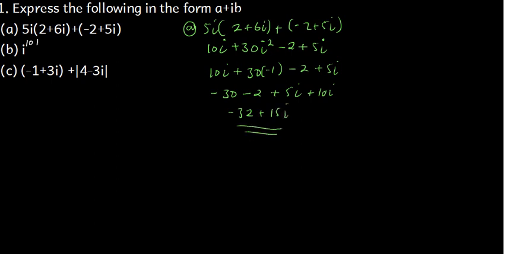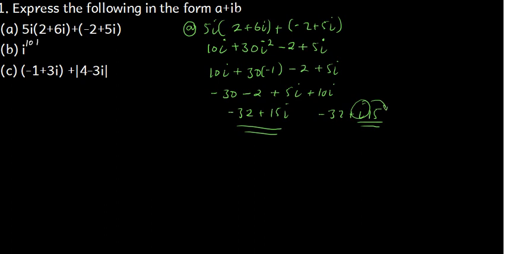So we have expressed it in the wanted form, a plus ib, where we can see this is going to be a, and then this is going to be b. So where they say ib, it's the same as bi. So we can also write this as negative 32 plus i15. But mostly when you are dealing with numbers, you'd rather let a letter be this side.